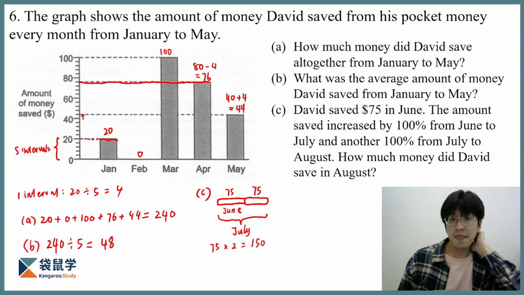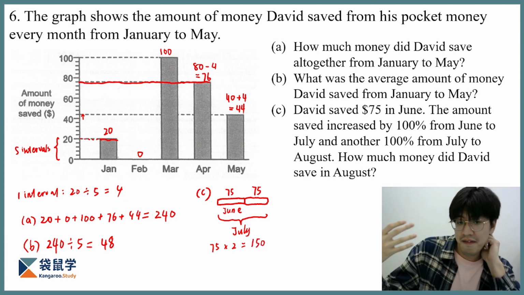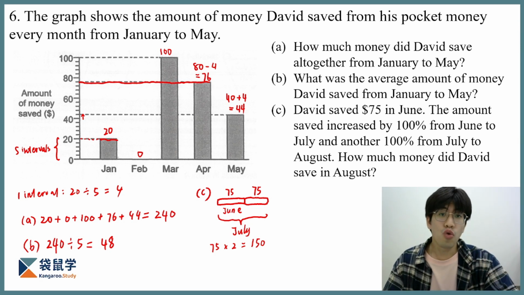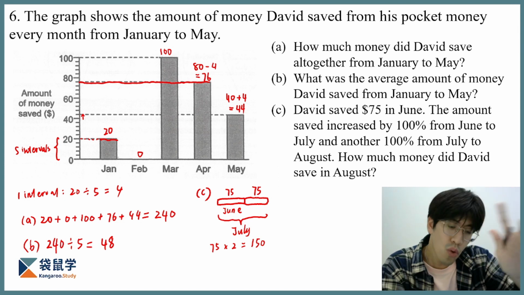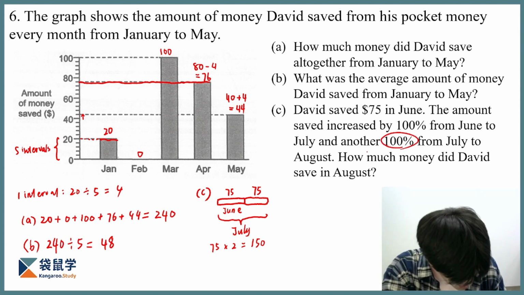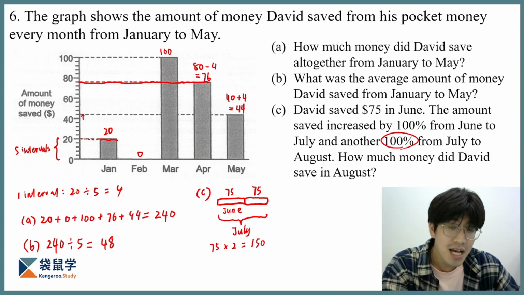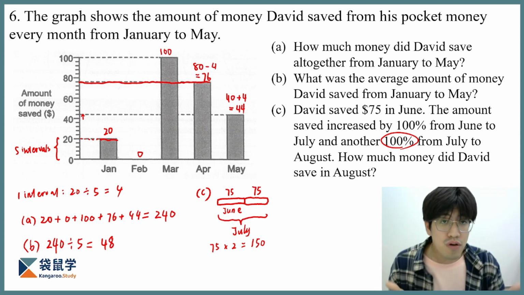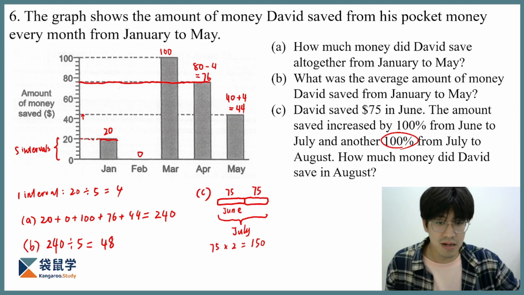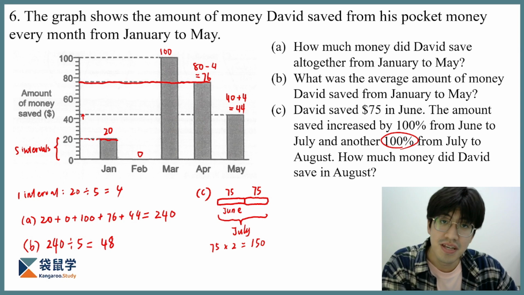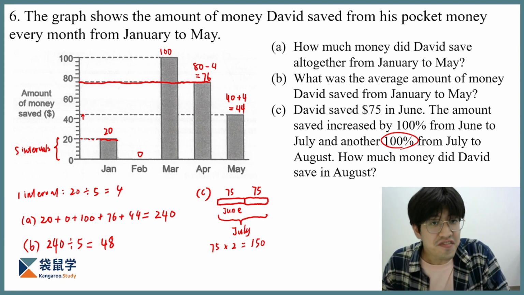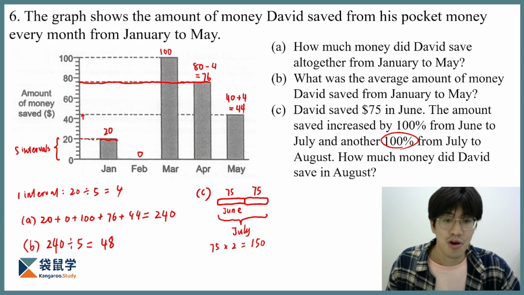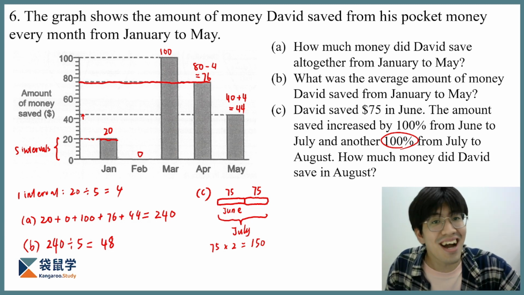150. But now, when we want to work out the value for August, do I simply add in another 75? No. Now, this 100% from July to August corresponds to the amount of July. For July, what is the amount? 150. So, double 150, what we will get? We will get 300.